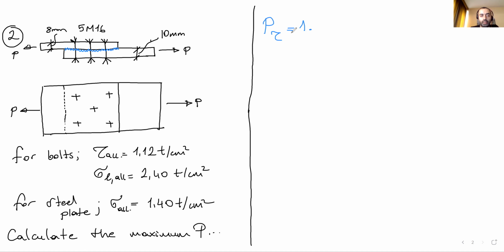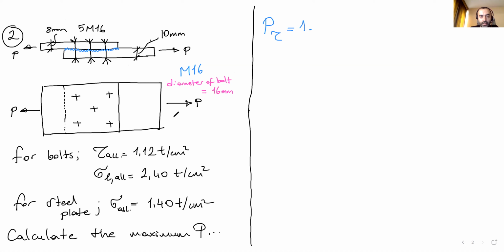And the area of the bolt, the 16, I'm going to convert it to centimeter because, remember, when I give you M16, the diameter of the bolt is 16 millimeter.